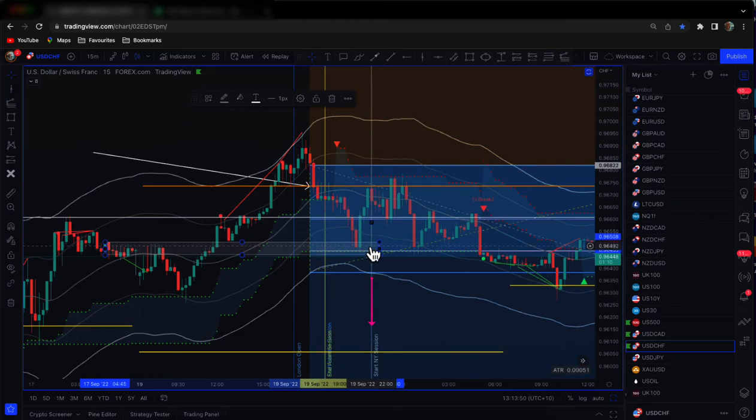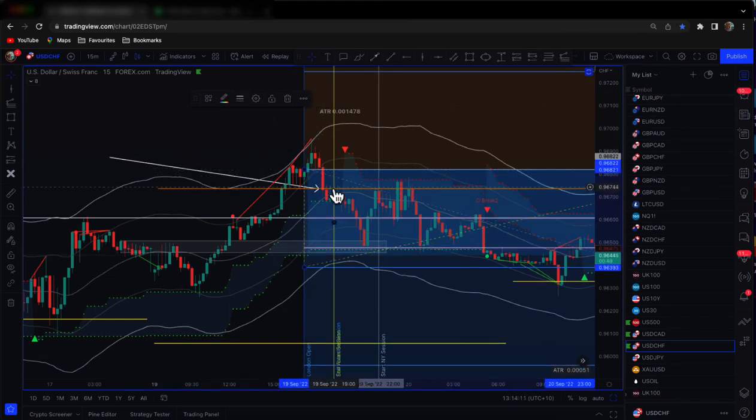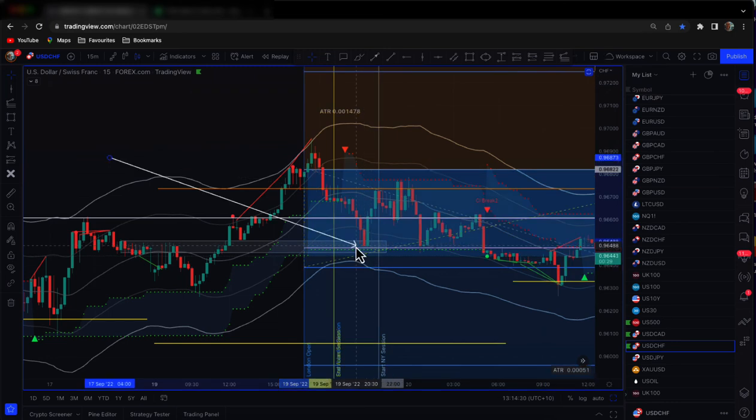Heading into New York, prior to this time here, there's no harm in closing a portion of your position, because we know there's going to be a reaction generally around the London Open and the Asia close. Sometimes we see quite a strong reversal, and then New York's going to give us that as well. So there's nothing wrong with taking partials as we trade into the New York Open, and then you can see the pullback happened here.